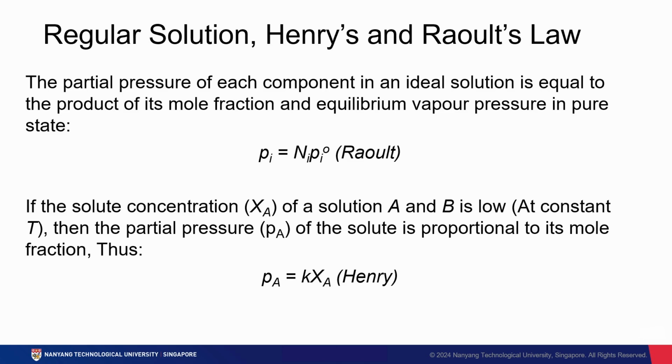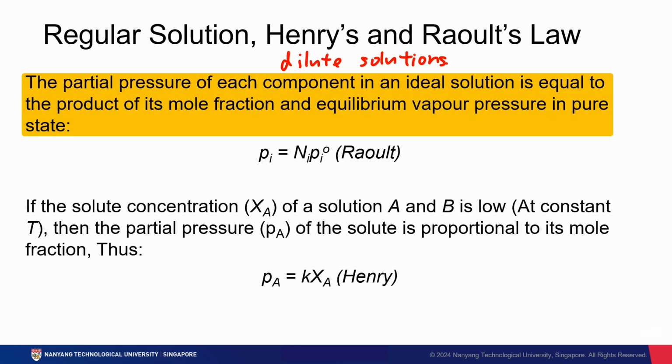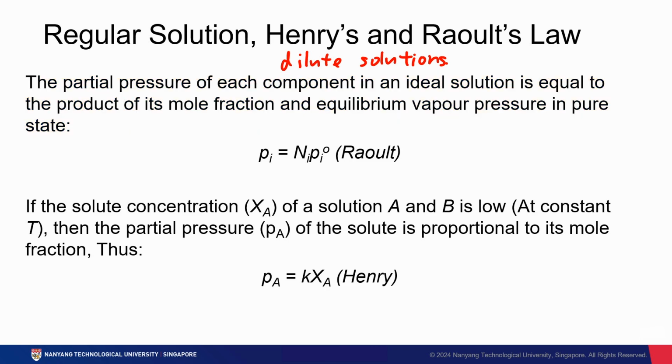In short, these two statements sum up Henry's and Raoult's laws, which are applicable to dilute solutions. Essentially, the partial pressure of each component in an ideal solution is equal to the product of its mole fraction and equilibrium vapor pressure in the pure state, and that is really what Raoult's law means. Just remember that the activity is equal to its mole fraction.